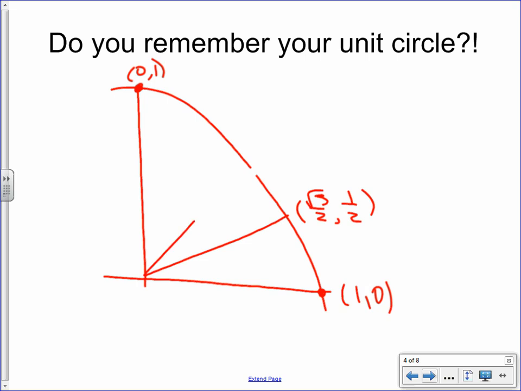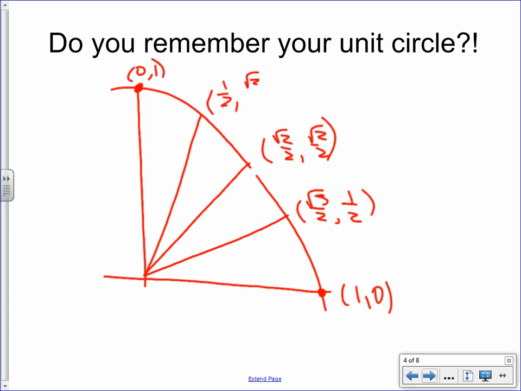At pi over 4, and pi over 6, pi over 3. X represents which trig function? The cosine of that angle. Y is the sine of that angle. Tangent we find by taking y over x. Beautiful.